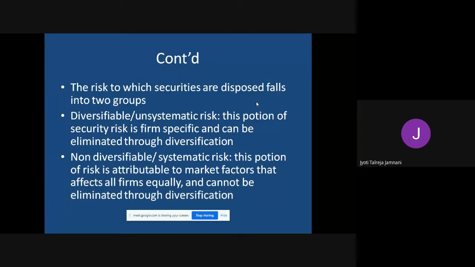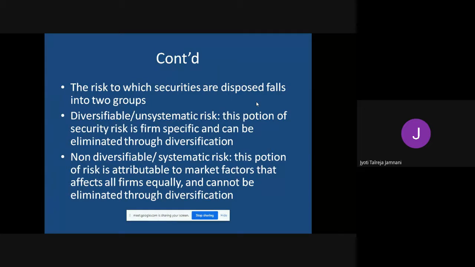The company can reduce it by diversifying its investment in different projects or in different products and services. So it is controllable risk also, because the company can control, eliminate, reduce or diversify the risk because it's related to the company. The company knows what is going wrong and where it is going wrong.